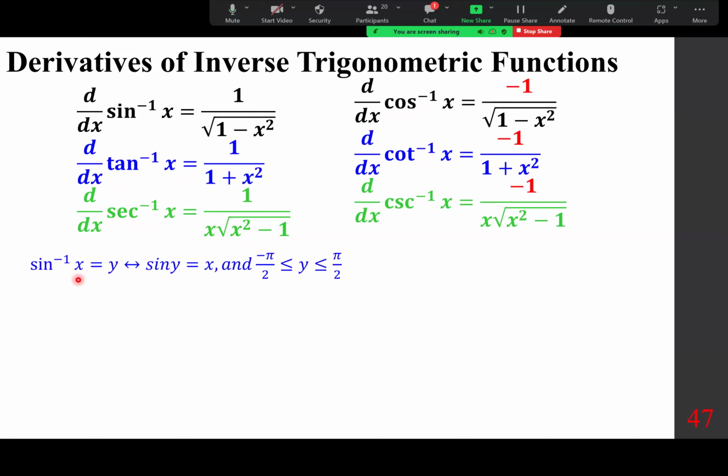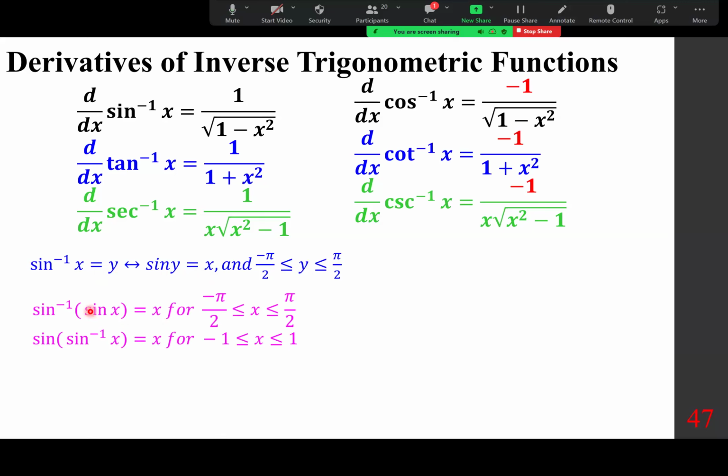Recall, sine inverse of x equals y by definition means sine of y is x. The trigonometric functions, none of them is 1 to 1, and we had to restrict the domain. In the case of sine, we restricted from negative pi over 2 to pi over 2. That's the domain of sine x, or the range of sine inverse.